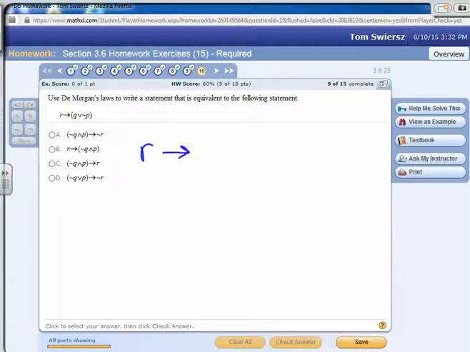We've got if R, then Q or not P. Now again, for the negation of an if-then, we can go ahead and do the contrapositive, right? These are all the negation.